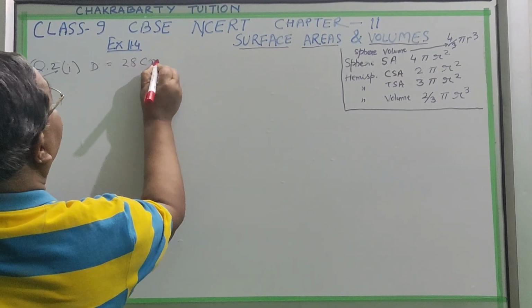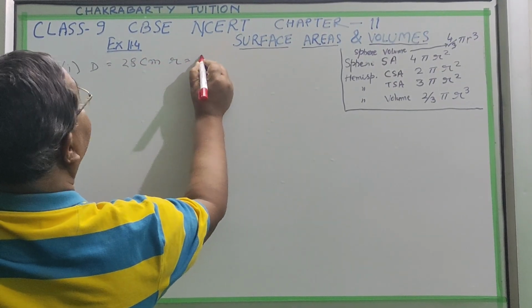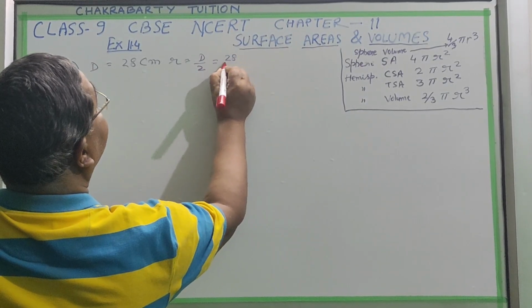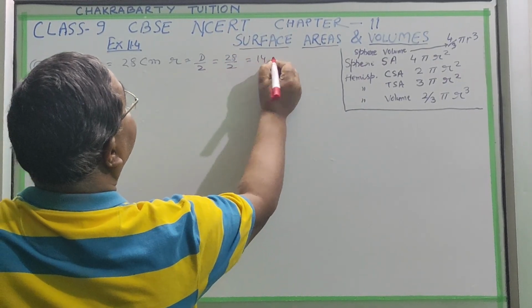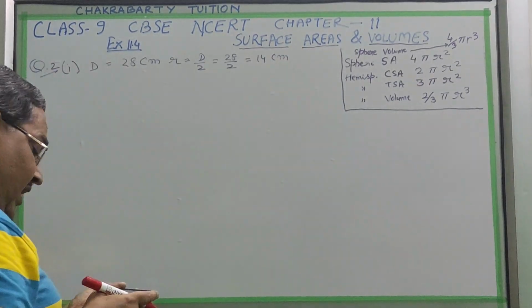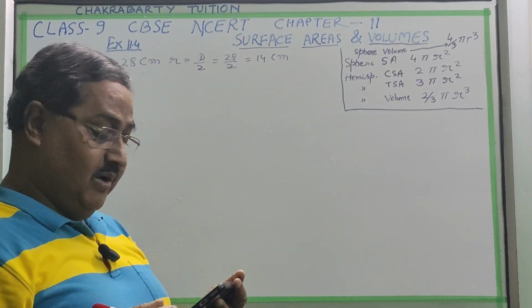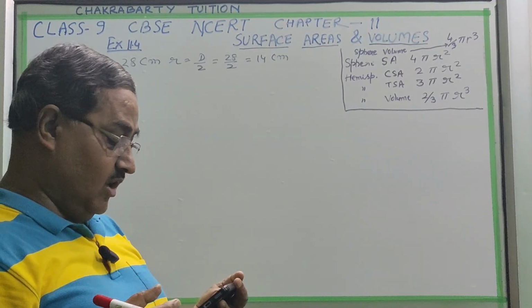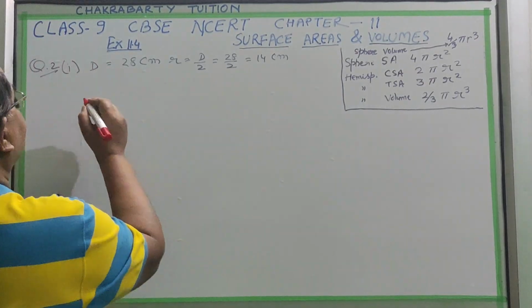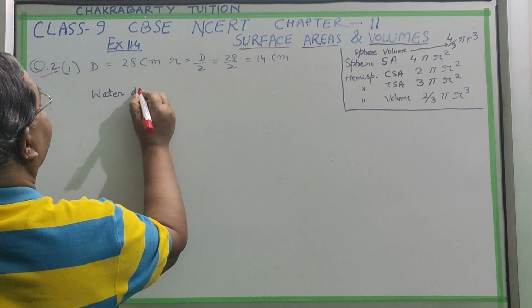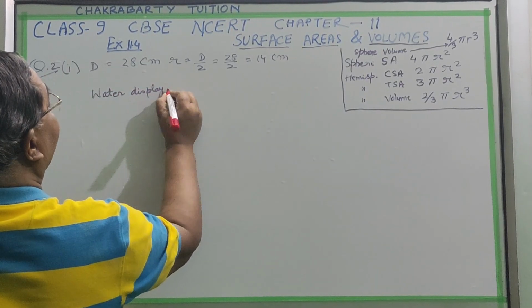So radius will be diameter upon 2, which is 28 upon 2 equals 14 centimeter. They want the amount of water displaced, which is always equal to the volume of the solid. So water displaced is equal to volume.